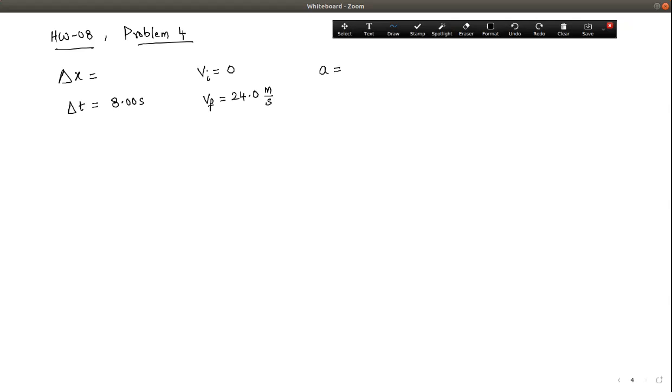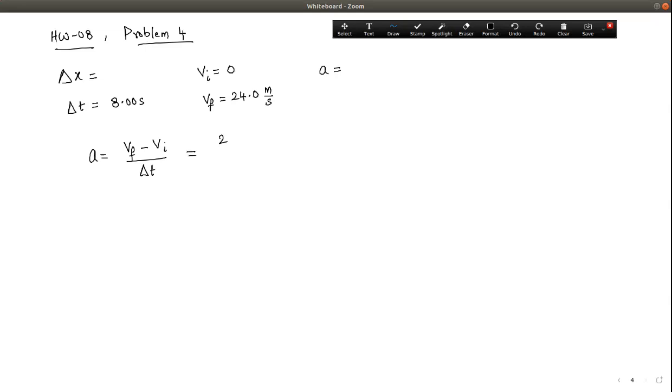That means if we can find the linear acceleration, that will be connected with the angular acceleration through the radius r. So the missing variable will be delta x. So we say acceleration is v final minus v initial divided by delta t.